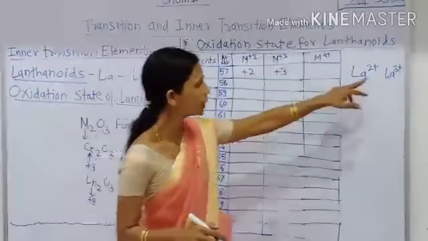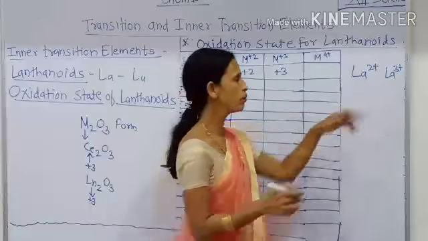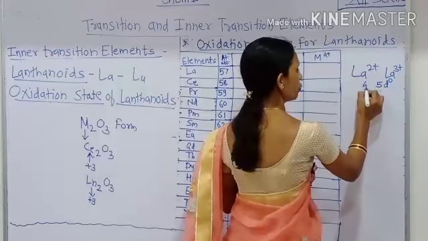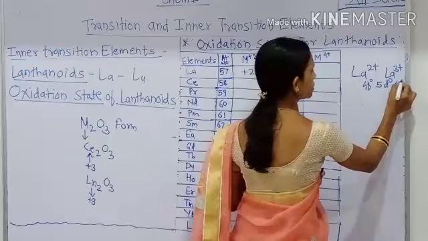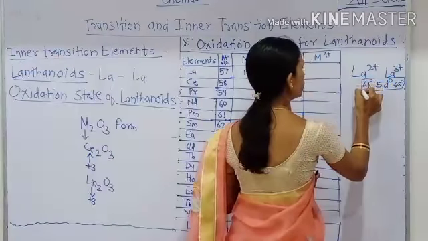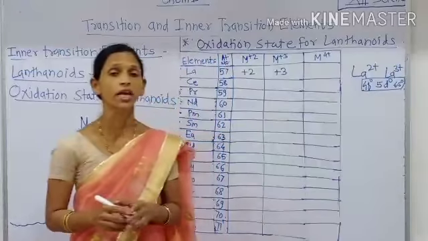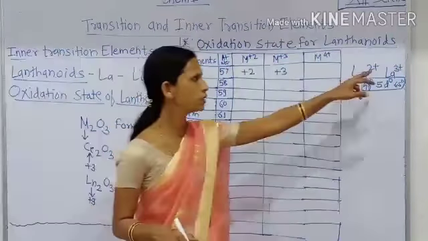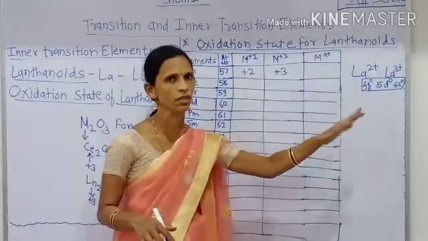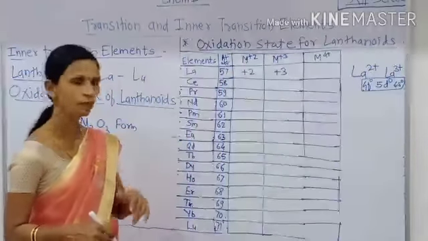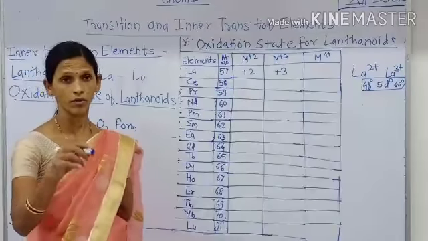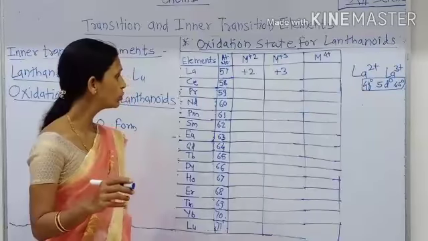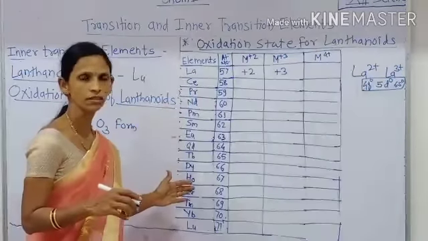La3+ is the most stable oxidation state because of the 5d0, 4f0 and 6s0 empty orbitals for the tri-positive ion of lanthanum. Therefore, it is the most stable oxidation state for lanthanum. Similarly, we can write the +2 and +3 oxidation states shown by the other lanthanoid elements.